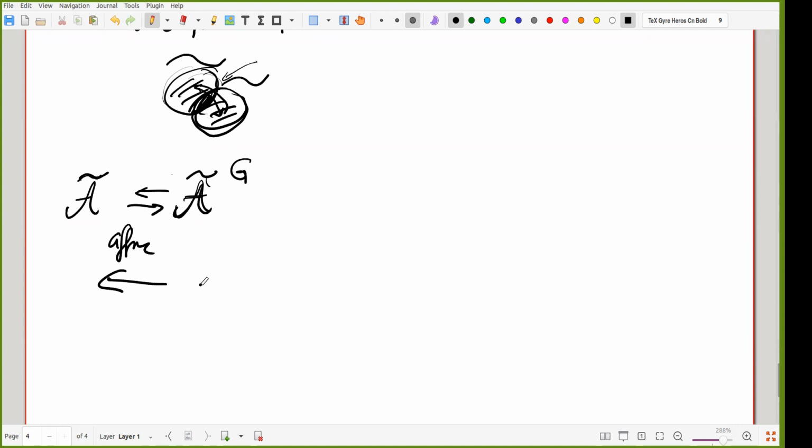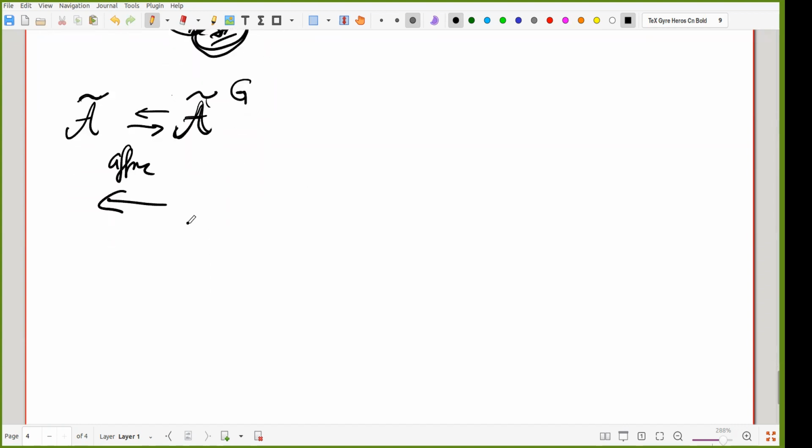That means, in the classical case when I have E coinvariants of H and I have E, then this here is really the generator in this category.